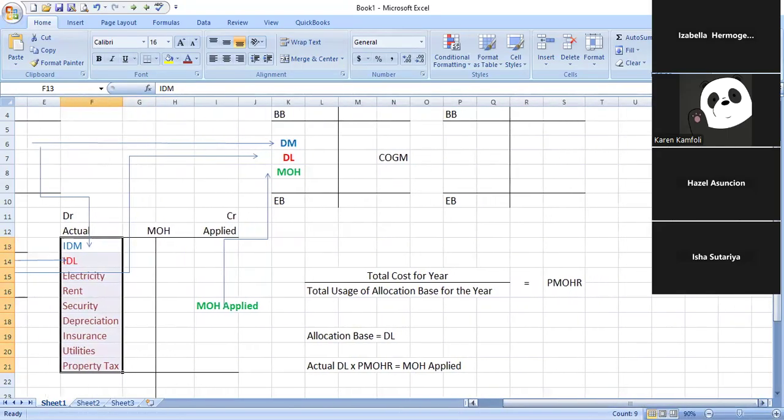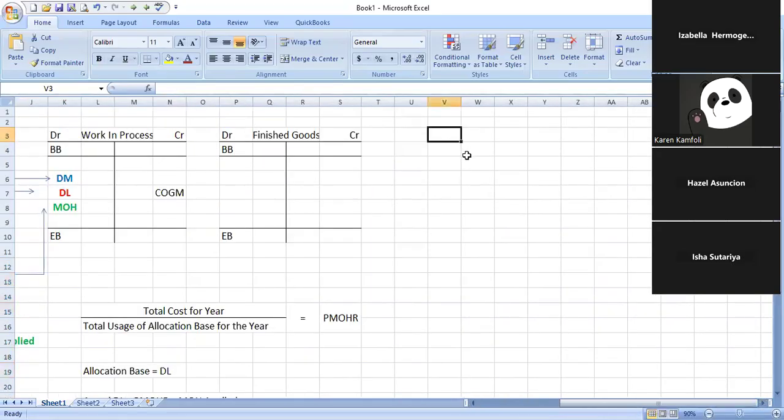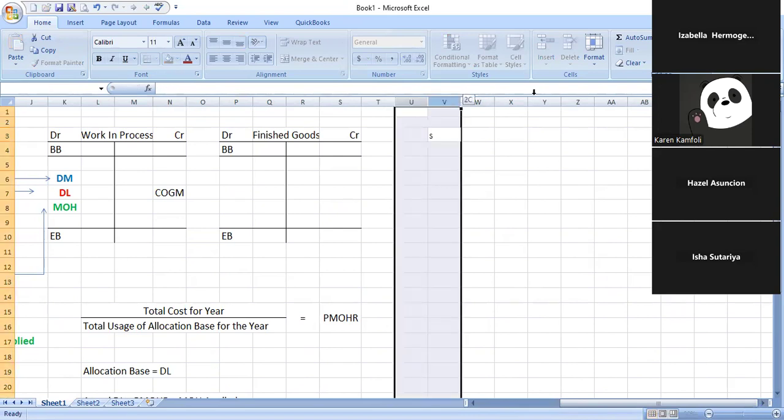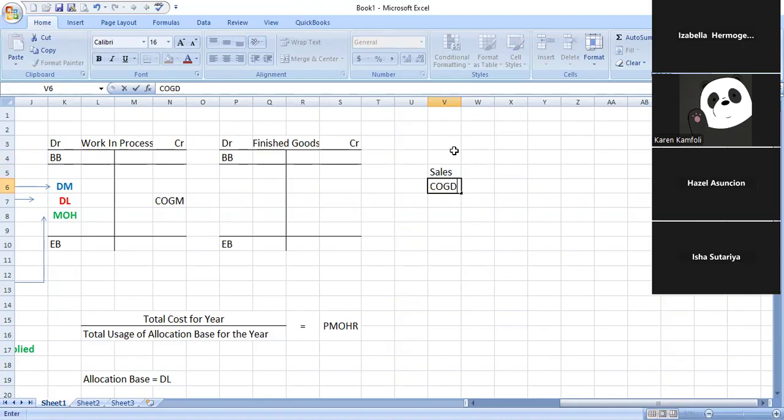Well, obviously, once we come here to the sales price, what we're going to have here is sales. Let's flip this one to 16. So we're going to have our sales from the income statement. We're going to have our cost of goods sold, and we're going to have our gross margin.